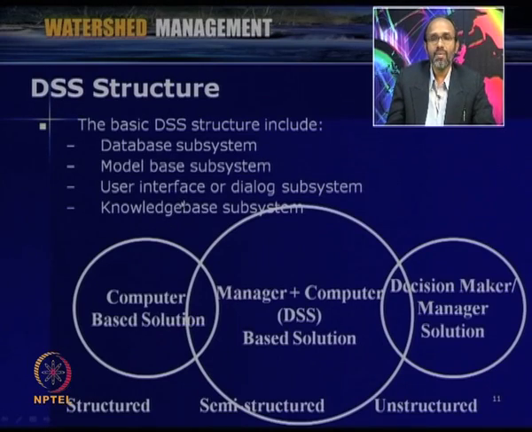So, when we look into a decision support system, we can see that it is actually a semi-structured system. That means it is not fully computerized, where the computer takes the decision. No, the decision maker is there. It is actually a system which helps the decision maker to take the decision.